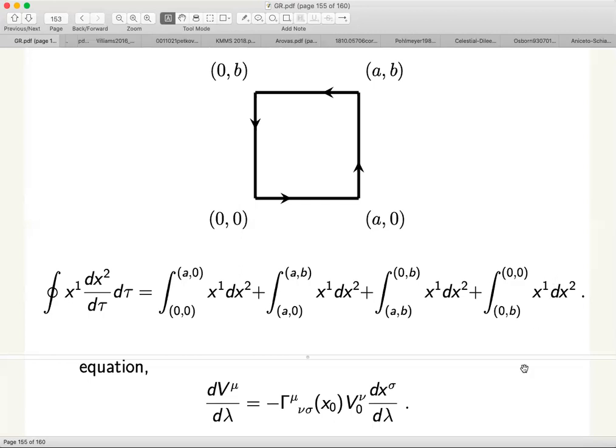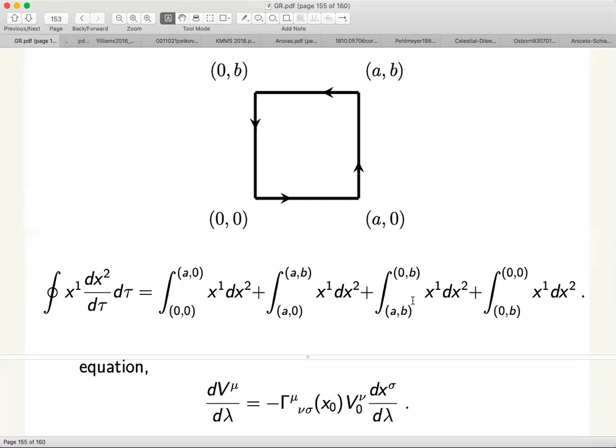Of these, you can easily see that the first integral and the third integral would vanish, simply because you are doing the infinitesimal x2 element, but the x2 value is fixed. The x2 value is fixed to be 0 here, and fixed to be b here. So these two integrals are not going to contribute simply because dx2 is just 0. So in spite of having 4 terms in the integral, 2 of them just don't contribute.